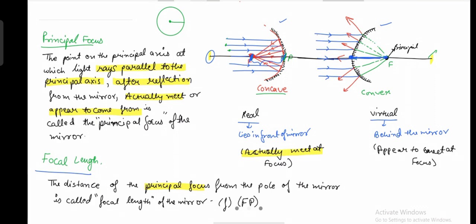Technically, this point to this point, this middle distance, is nothing but the focal length, which is represented by the symbol f, small f, or we could say FP. This point was F and this point is P, so we can also say this is FP. That's it. This is the focal length, and you have already understood what the principal focus is.